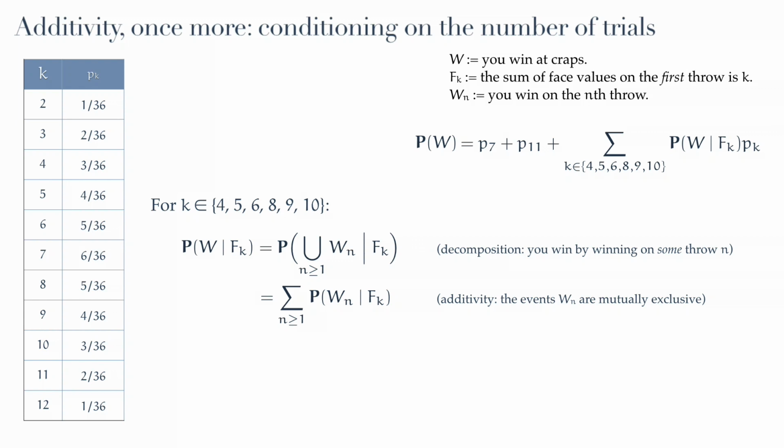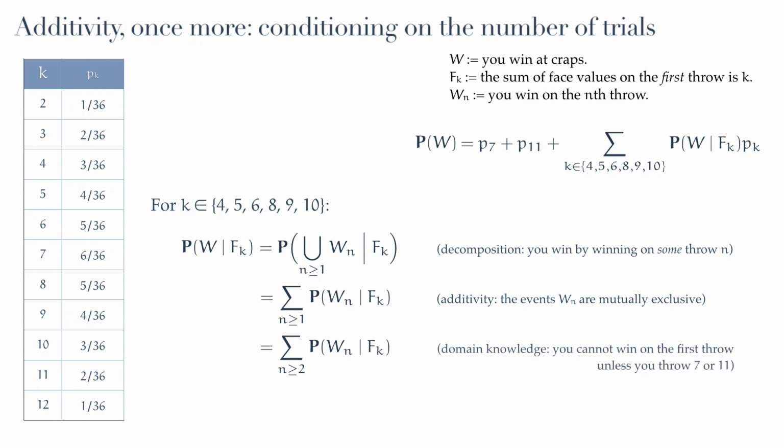In other words, for these values of k, the chance of winning on the first throw is identically 0. The probability of W1 given Fk for k equal to 4, 5, 6, 8, 9 or 10 is 0. And therefore the first term in the sum disappears and the sum simplifies ever so slightly. It is now a sum for integer n ranging from the second trial onwards of the conditional probabilities of Wn given Fk.